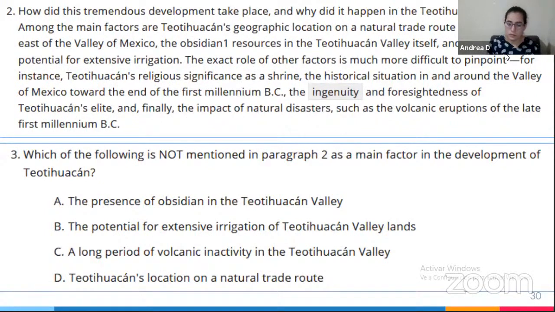Option A, the presence of obsidian in Teotihuacan Valley. Option B, the potential for the extensive irrigation of Teotihuacan Valley lands. Option C, a long period of volcanic inactivity in Teotihuacan Valley. And option D, Teotihuacan's location and natural trade route. Okay, thanks so much, Jeanette.